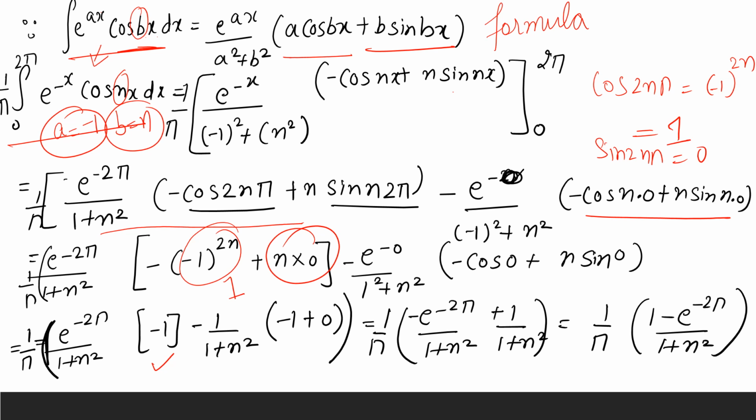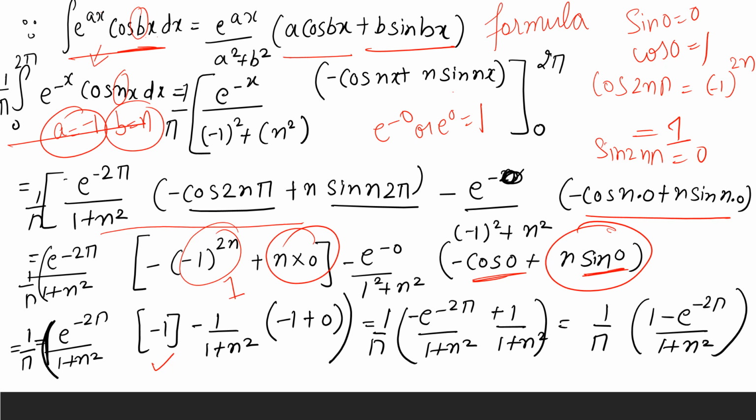And e^0 is 1, minus cos 0 plus n sin 0, where cos 0 is 1 and sin 0 is 0.